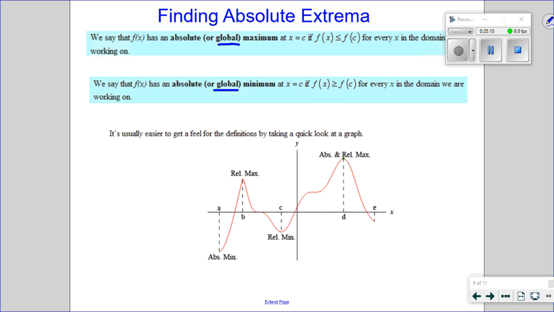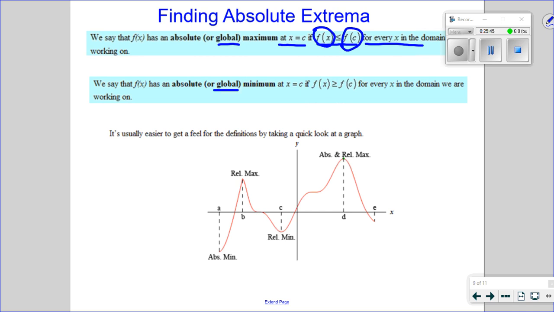Now here's your definition. We say that f of x has an absolute or global maximum at x equals c if f of x is less than or equal to f of c for every x in the domain we are working on. Okay, so this is saying that these y values have to be less than or equal to this y value for all x in the interval we're working on, because it could be a case where the domain is not all real numbers.